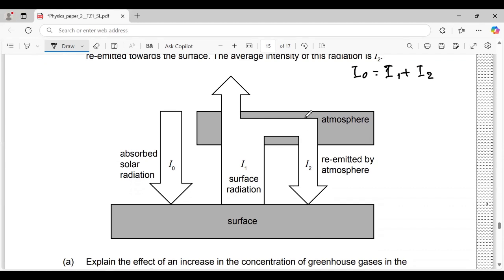We are going to calculate this. So I1 equals I0 plus I2, based on this diagram.